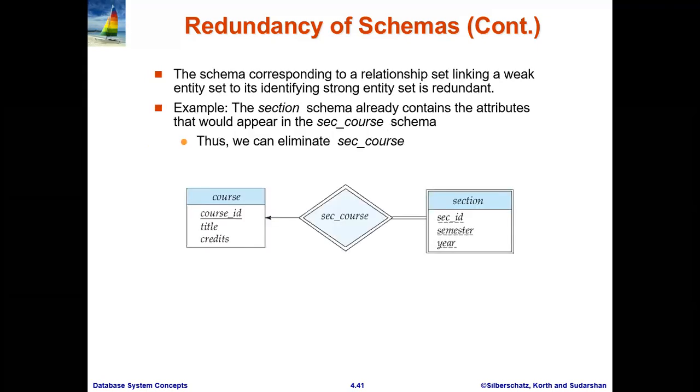Next is the schema corresponding to a relationship set linking a weak entity set to its identifying strong entity set. Now we'll see how we can reduce the schema, or remove the redundancy.